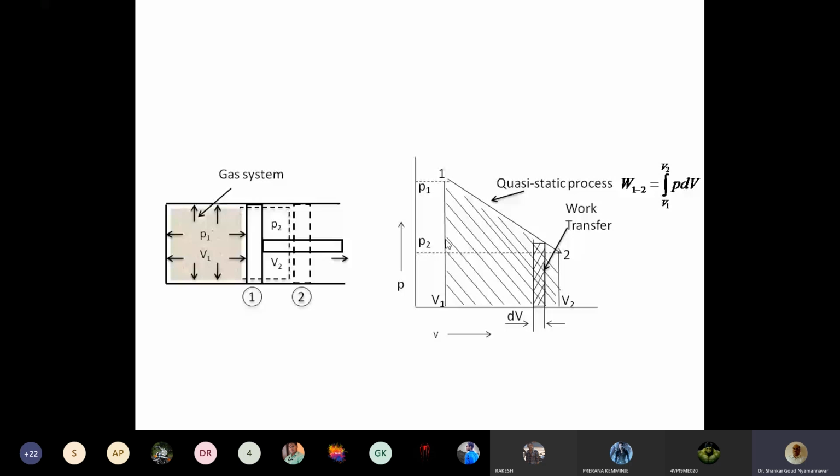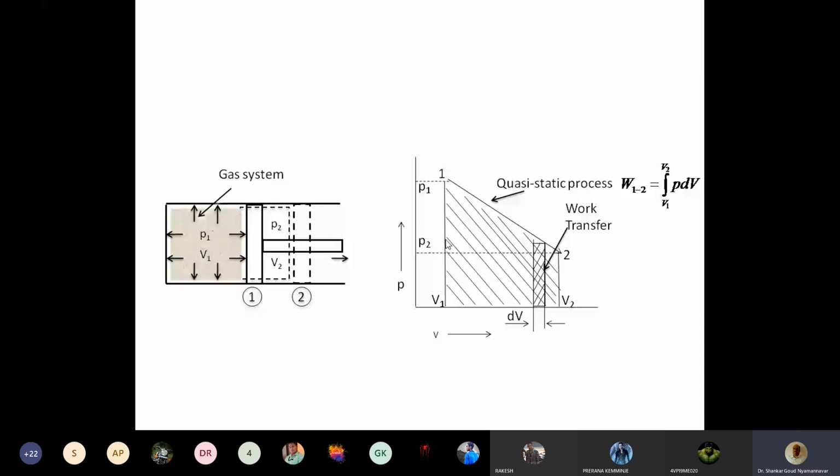Substitute here all the values. V2 minus V1 you know is 0.036, divided by P2, which is 0.15, minus P1, which is 1.5, whole into 10 to the power 6.